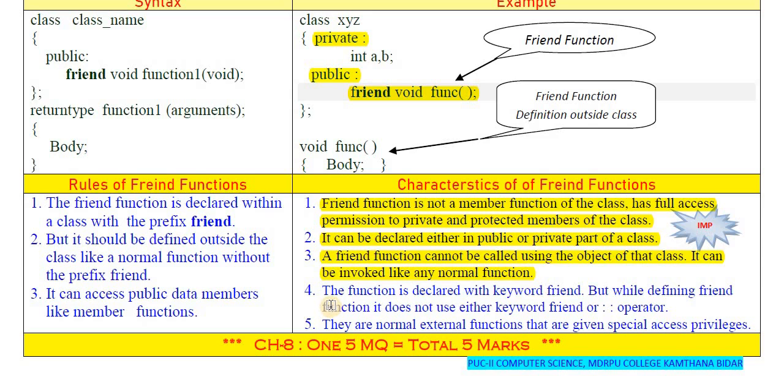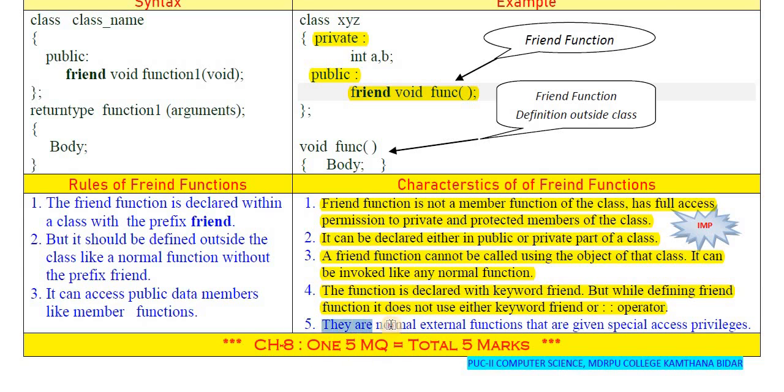Then the fourth characteristic: the function is declared with the keyword friend, but while defining the friend function it does not use either the keyword friend or the scope resolution operator. Means the friend function is declared using the friend keyword, but when defining it we are not using the friend keyword.